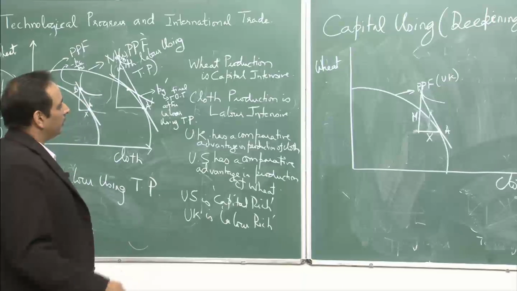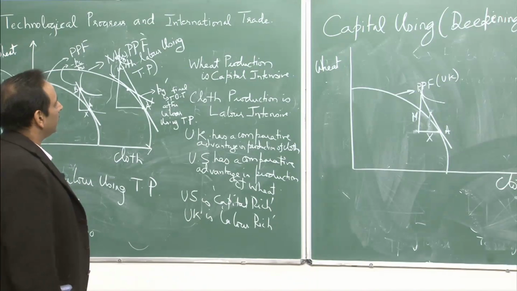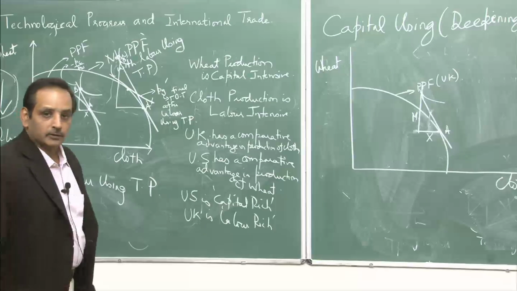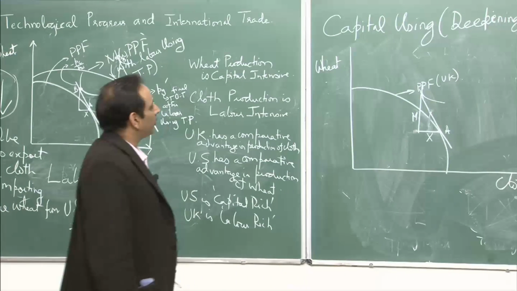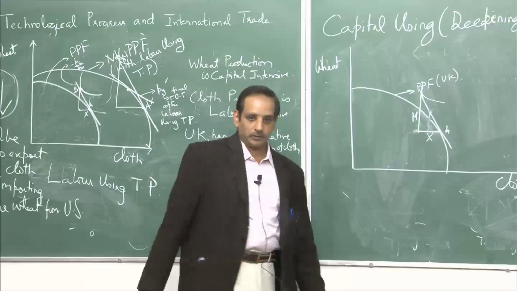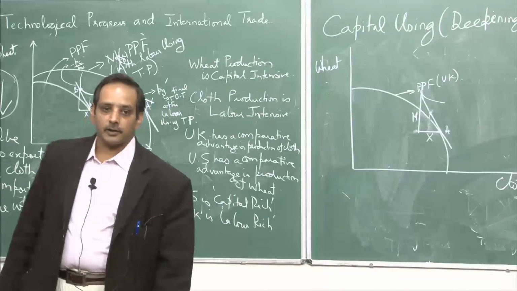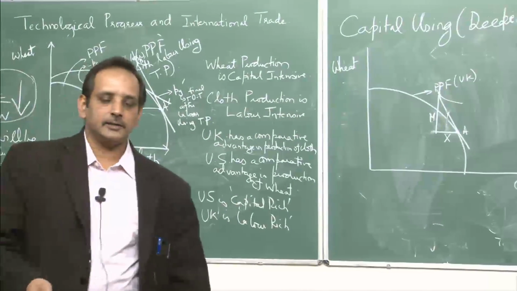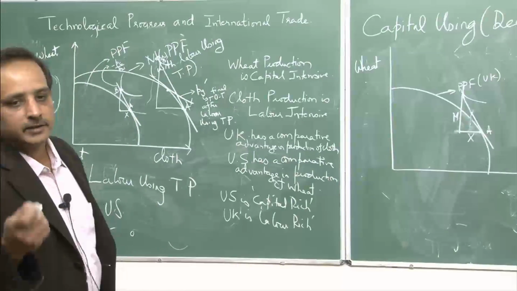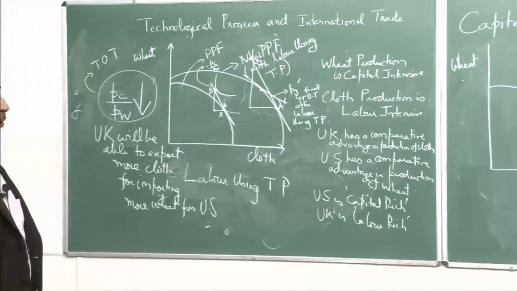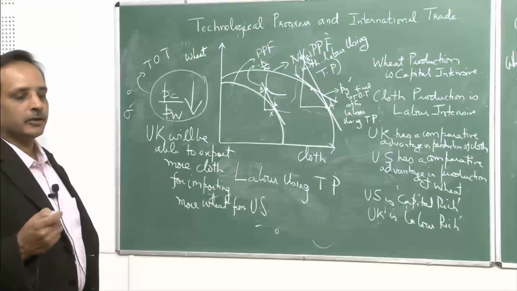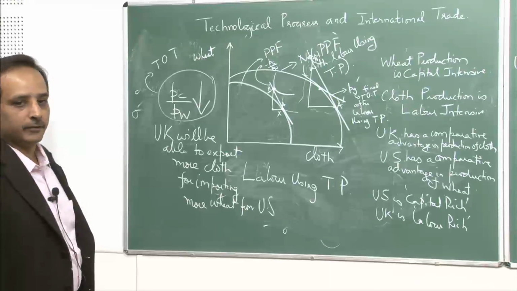Now, the technological progress takes place, but it is now capital using technological progress. Capital using technological progress means that the increase in MPK is greater than the increase in MPL, or the capital labor ratio increases at the same relative wage rates.